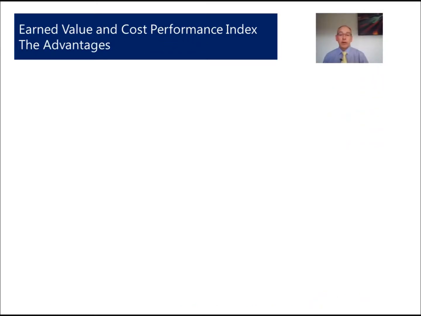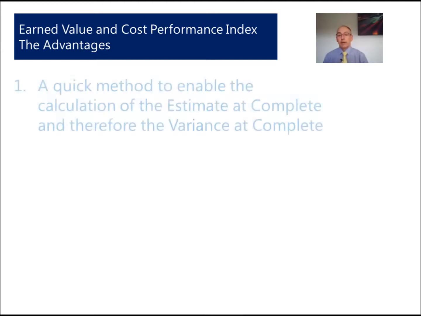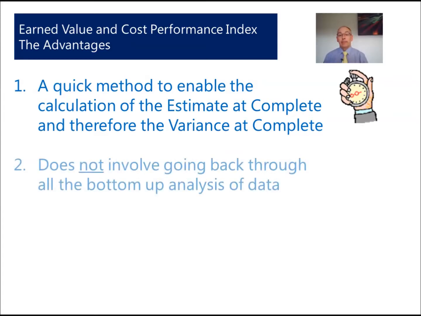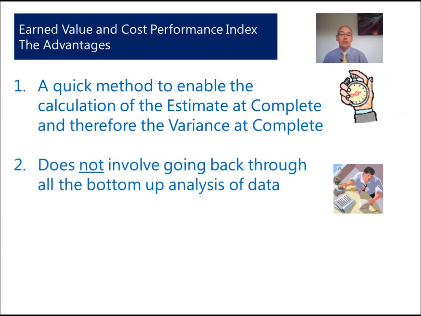Now we'll identify 6 advantages. Let's look at the first 3. Perhaps the most important is that it is a quick algorithm to calculate the new estimate at complete. You know what our budget at complete is, that's how much we have to spend. What we want to know is, what is the estimate at complete and is there a variance at complete? The next thing is that it's quick.